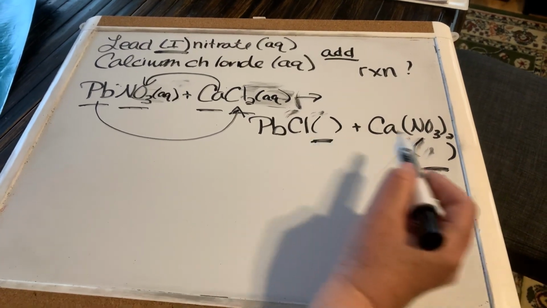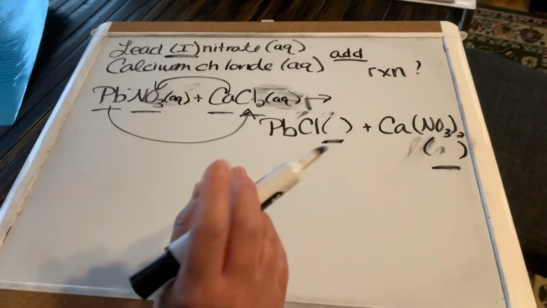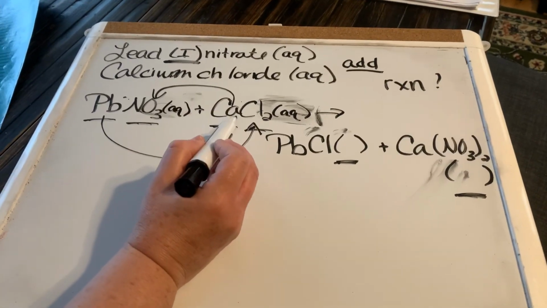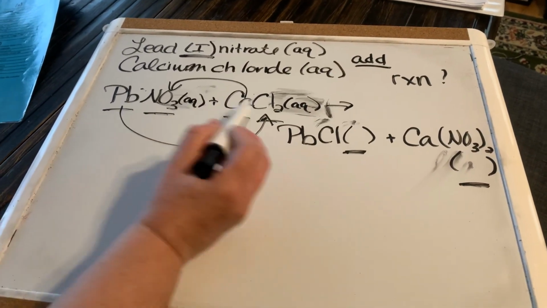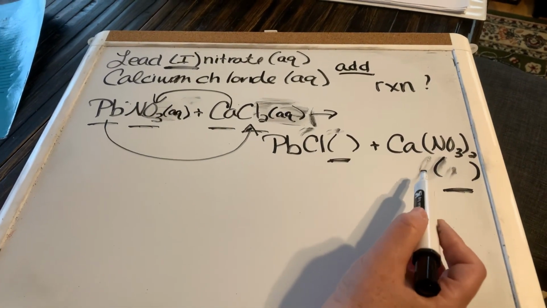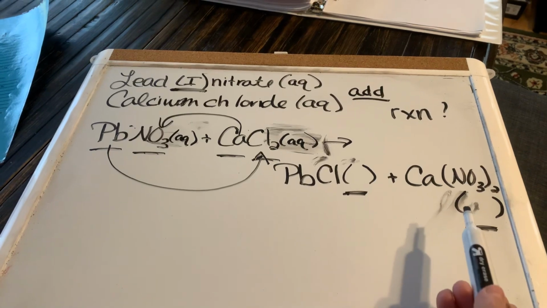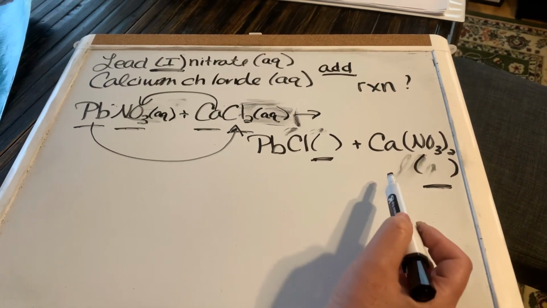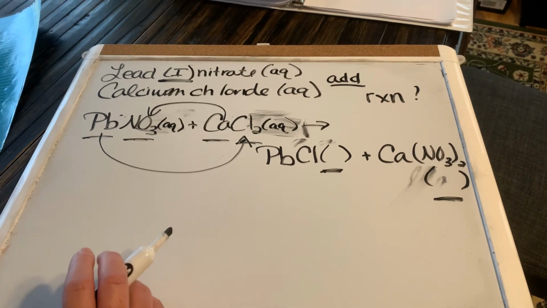If this is aqueous and this is aqueous, it's no reaction. Here's why. Let's say this is a clear liquid and that's a clear liquid. You put these two clear liquids together and you just get two more clear liquids. Can you see that anything happened? No. But if there's a solid over here, you're going to get a precipitate.